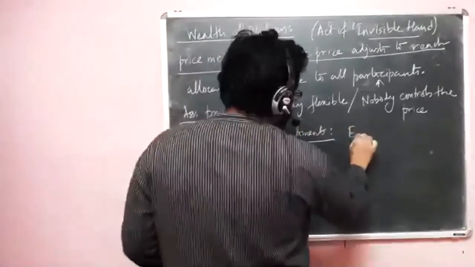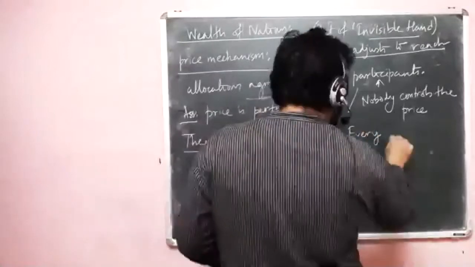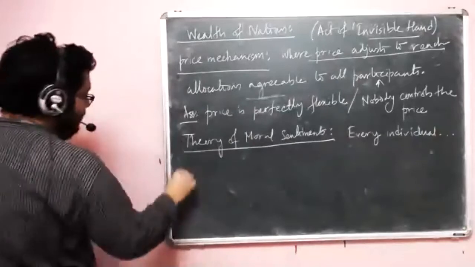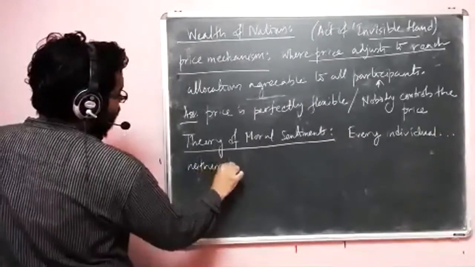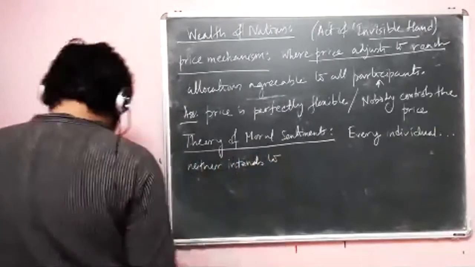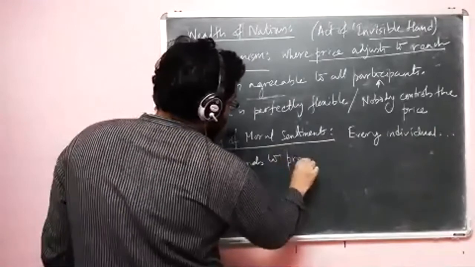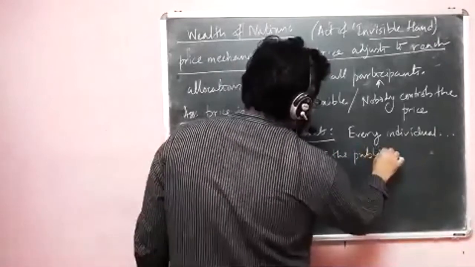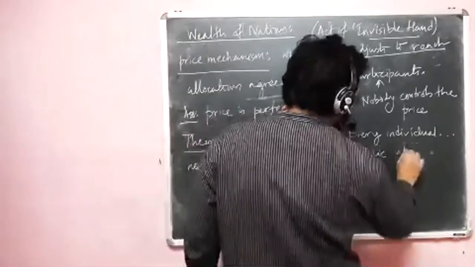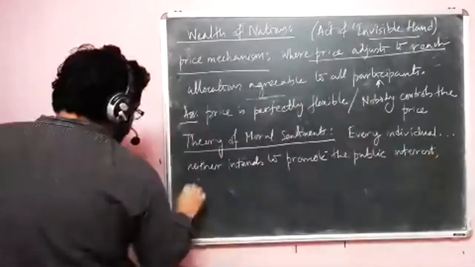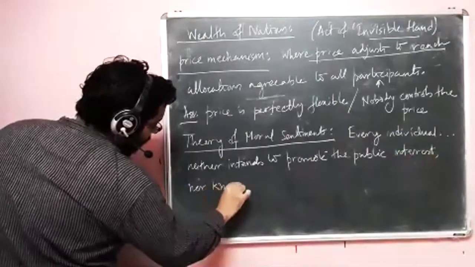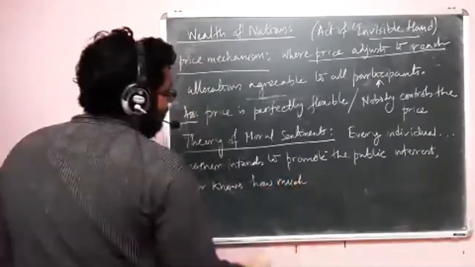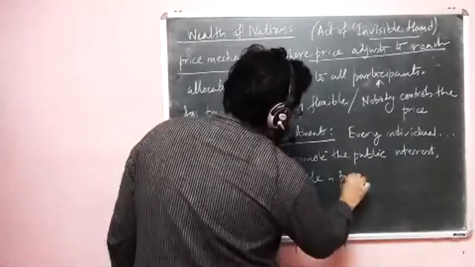So it says every individual neither intends to promote the public interest, nor knows how much he is promoting it.